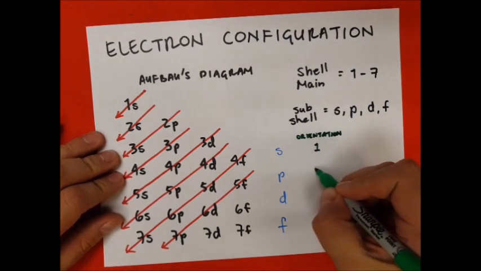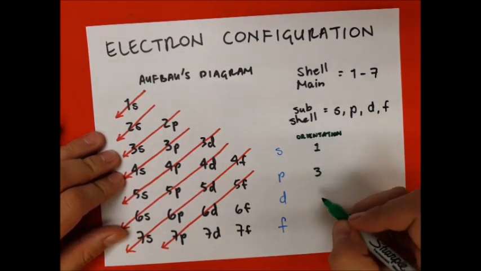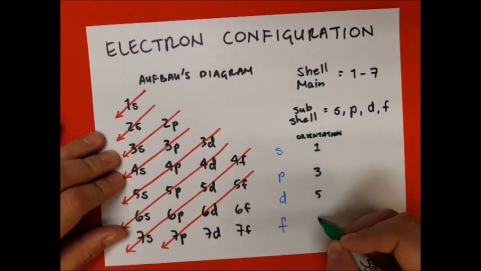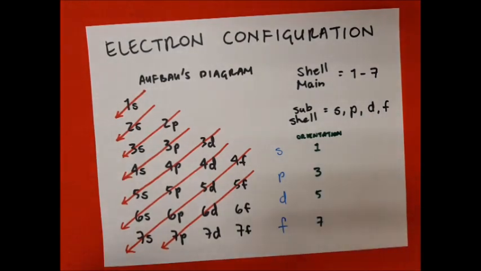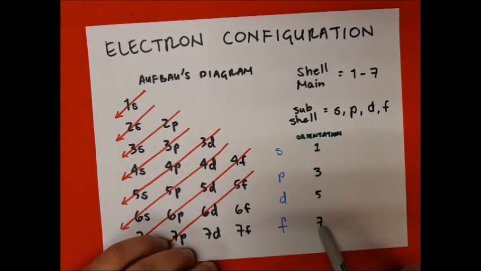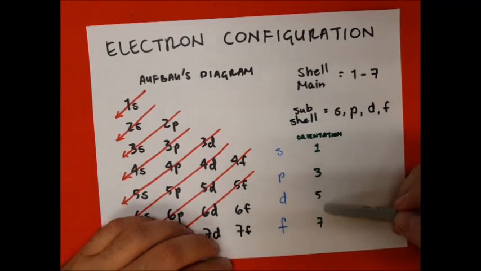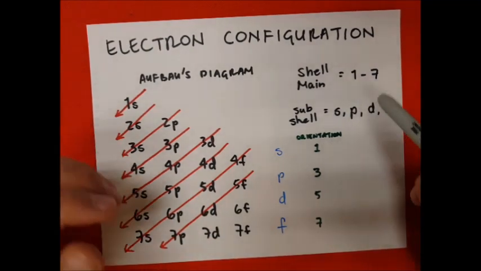P, on the other hand, has 3 orientations. D has 5. F has 7. And you can look these up in the book to have a little bit more of a theoretical support. But what we need to know is that S, P, D, and F have different orientations. S has 1, P has 3, D has 5, F has 7, and they're odd numbers, right?